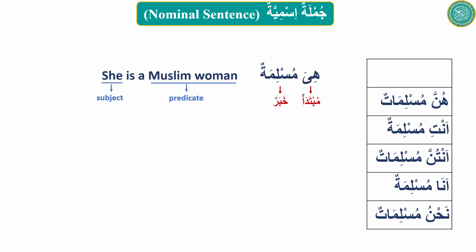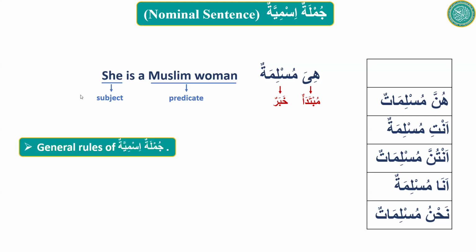Hiya is a pronoun, so it is proper. Muslimatun is common. So mubtada is generally proper and khabar is common. Both are in rafa status and both match in gender and number.